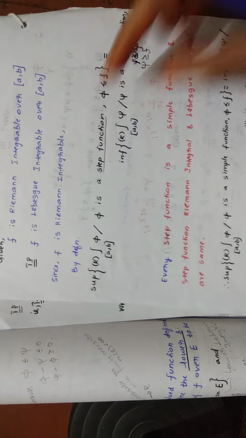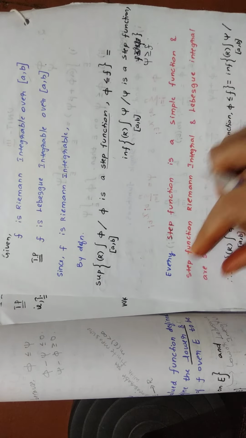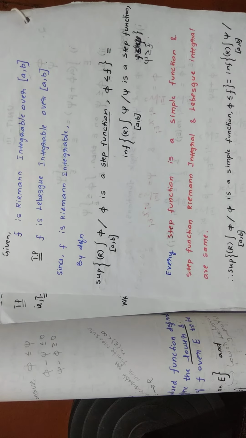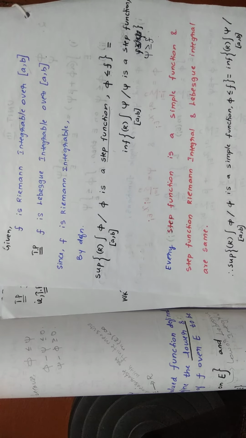After writing this, what we have to do is use a result we already have: every step function is a simple function. With that result you are going to proceed further.